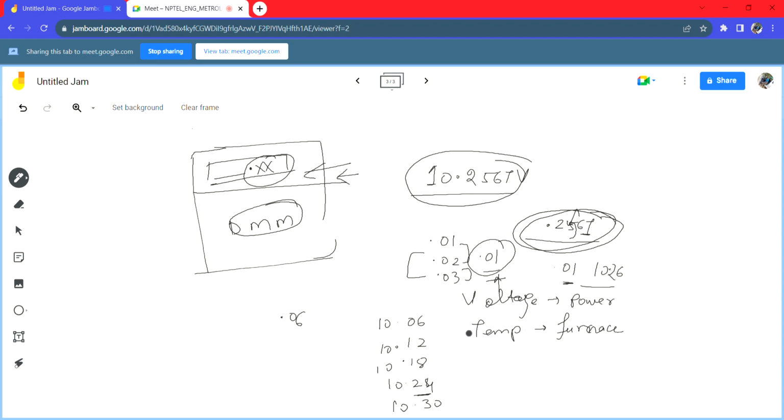It is the power plants, it is the blast furnaces in the glass industry. Then there are furnaces in the manufacturing sector. So there are a lot of industries wherein these kinds of systems are needed to measure the voltage, temperature, pressure, and different other values and parameters that we discussed in the last class.